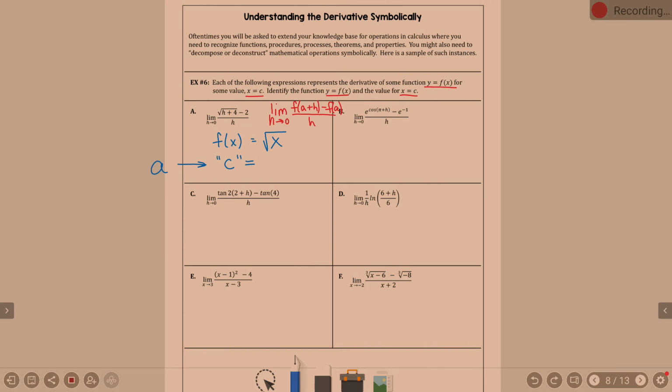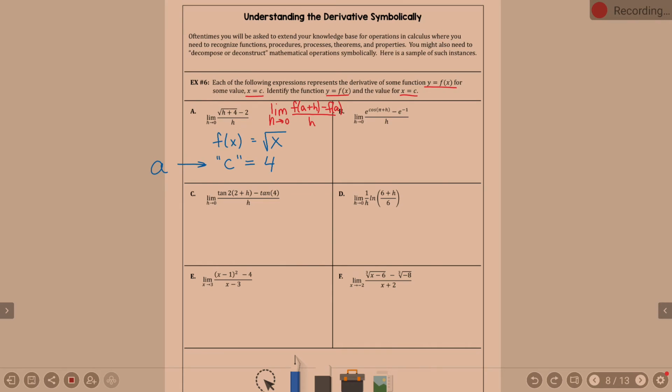Except the other part of this is I also need to find a. What would be my a value then? Not 2, 4. Now, don't get hung up on the minus 2 at the end. I haven't dealt with that yet. Think about this.